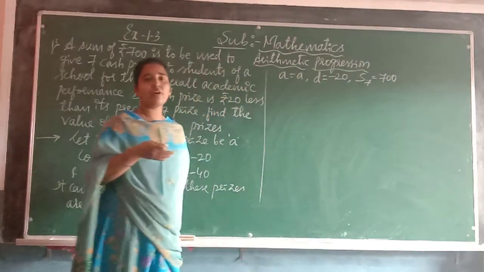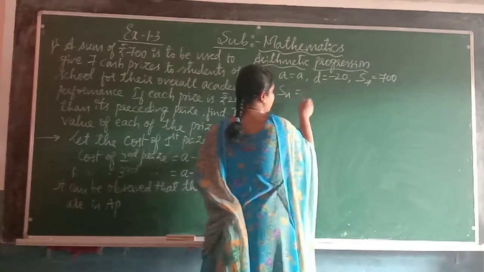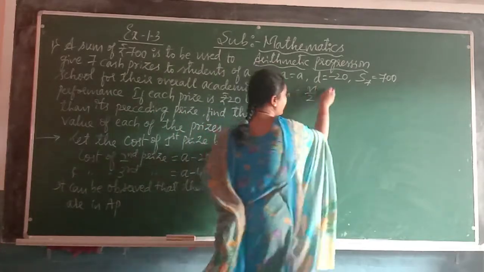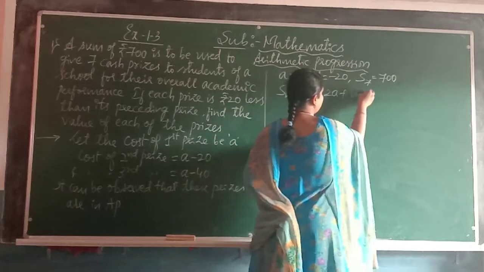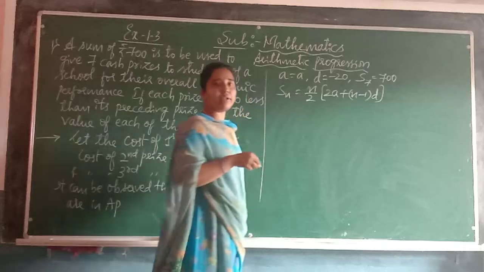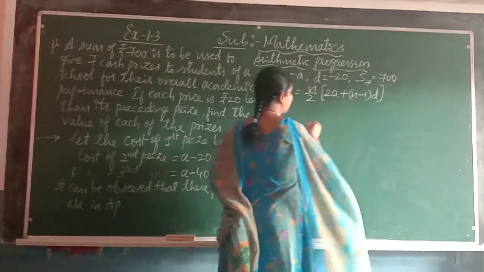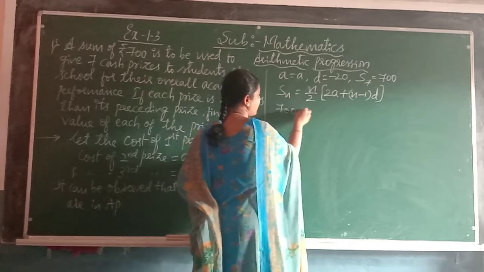Use the sum of n terms formula, that is Sn equals n by 2 into 2a plus n minus 1 into d. This formula we have to use. Sn means nothing but S7, which is 700 rupees.